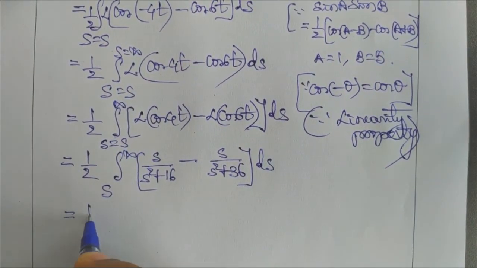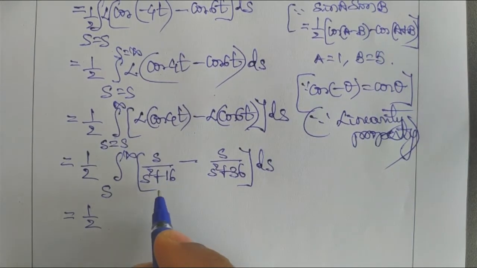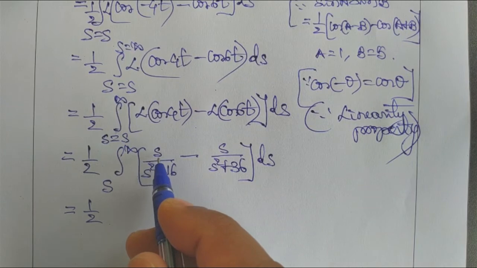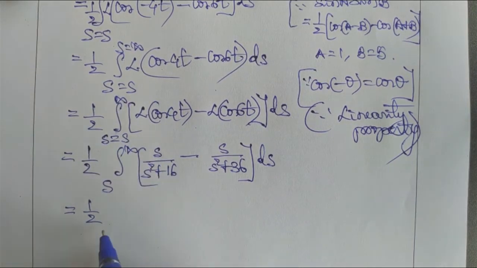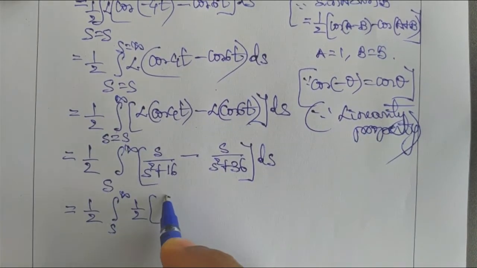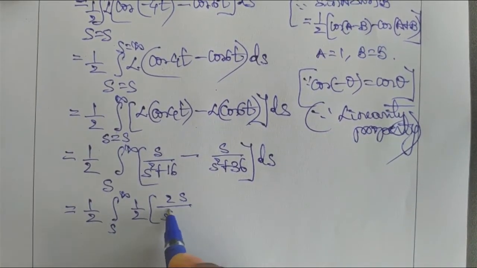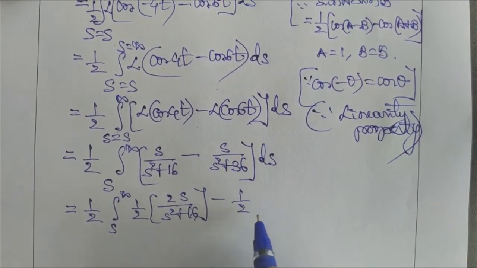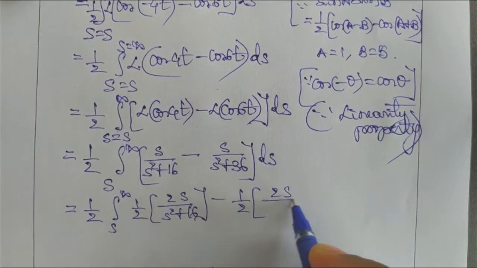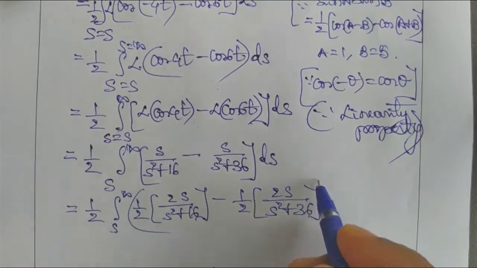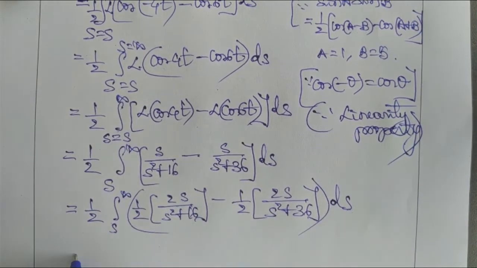Now, differentiation of the denominator is nothing but 2s. It is not there in the numerator, therefore multiply and divide by 2. When we multiply and divide by 2, we get half into 2s divided by s square plus 16 minus, in the same way, 2s divided by s square plus 36 into ds.